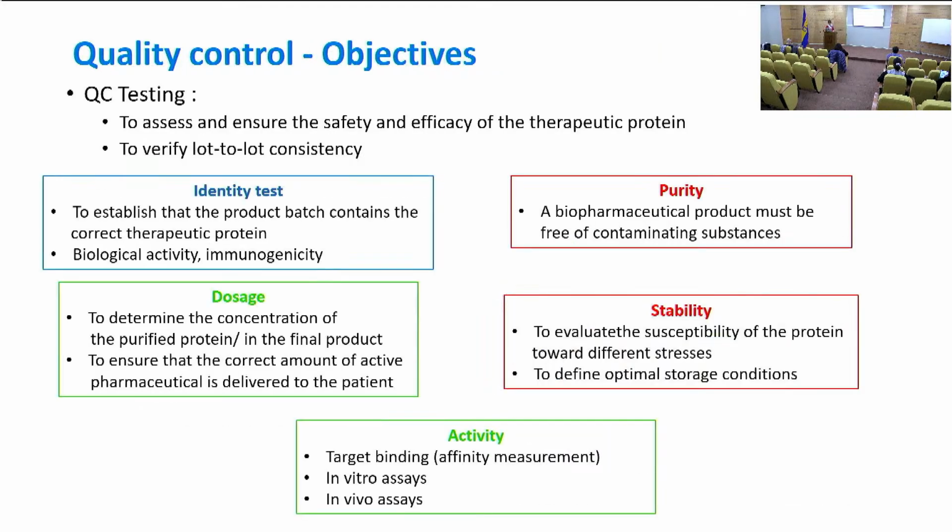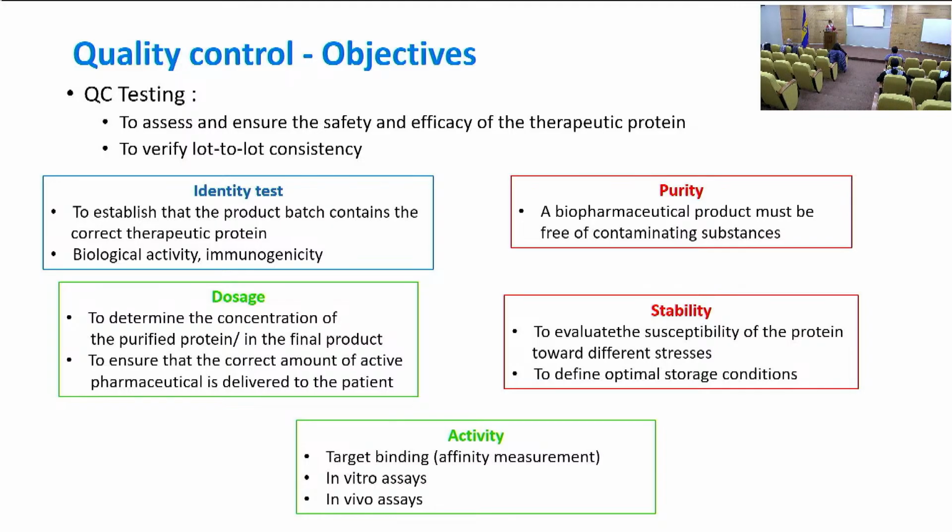So, to go a little bit deeper after the previous slide, as I said, quality control testing has to be performed to assess and ensure the safety and efficacy of the therapeutic proteins. It's also true that they have to check lot-to-lot consistency, or batch-to-batch consistency.